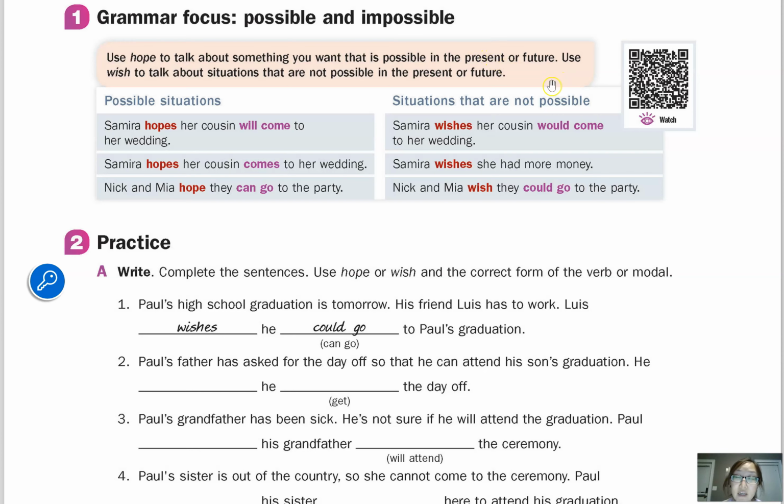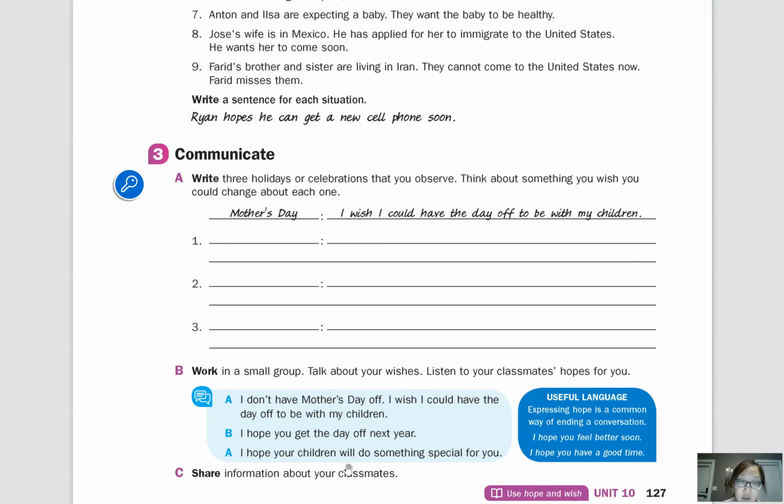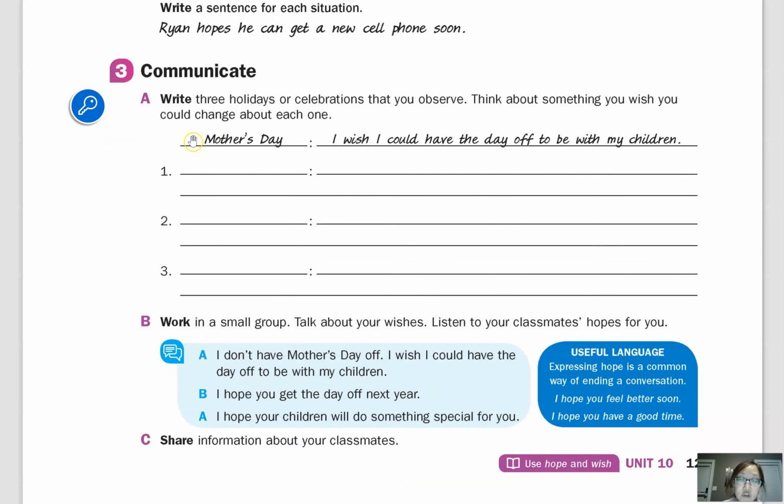Okay, but anyway, let's go ahead and look at the next activity, number 3, exercise 3. Communicate. Write 3 holidays or celebrations that you observe. Okay? Think about something you wish you could change about each one. So if you look at Mother's Day, for example, you could say, I wish I could have the day off to be with my children.